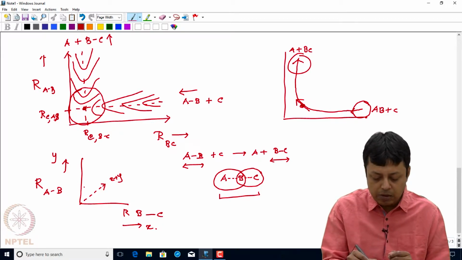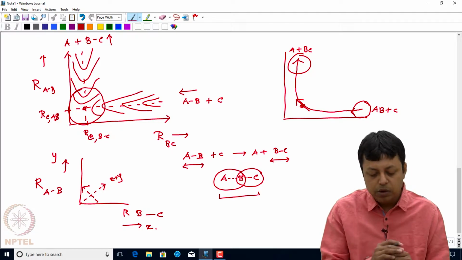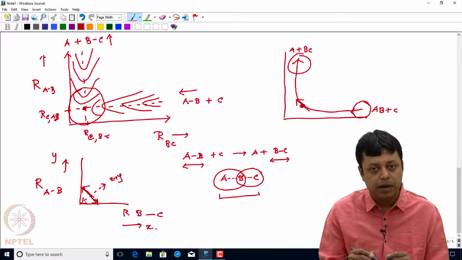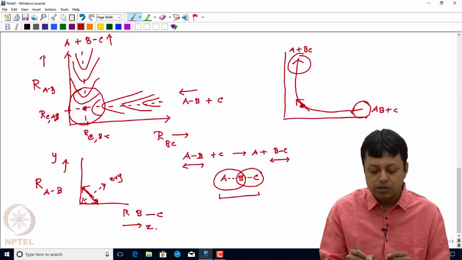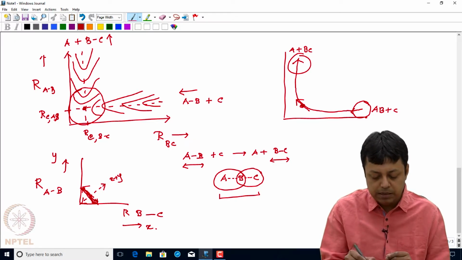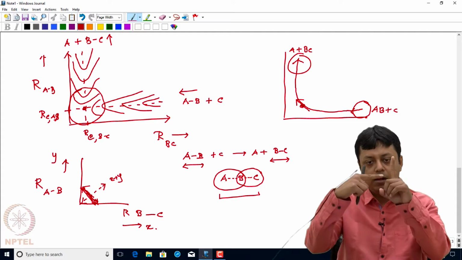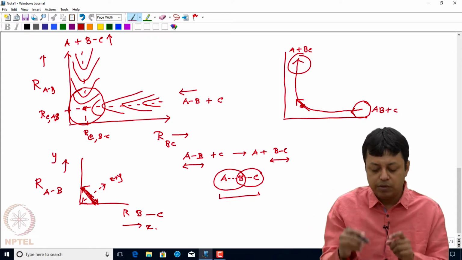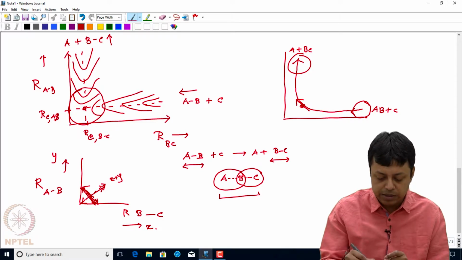And then I can also think about another motion orthogonal to it, which is the asymmetric stretch. If you think that the molecule is vibrating along this direction, the AB molecule is vibrating, so what will happen? Think of a rectangle like this, and I am vibrating along this direction.